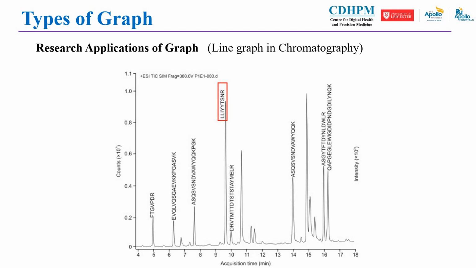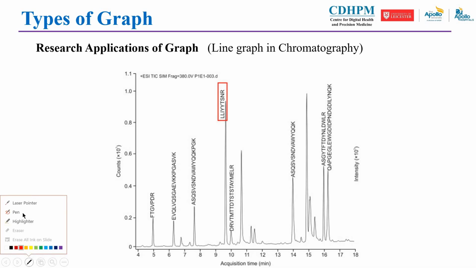Any graph you see in hospitals which has a line will by default come under the line diagram. In instruments like HPLC, liquid chromatography, like in ECG, as I already mentioned, you can see that the lines are coming. The lines are nothing but connection of data points.